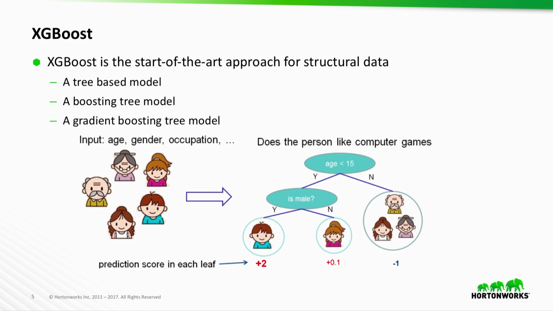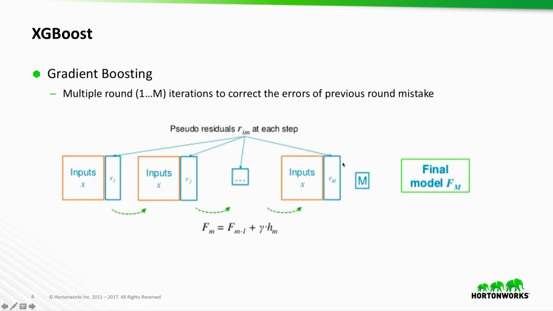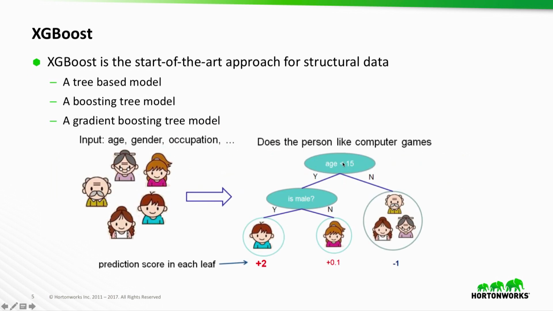For example, we have some users and some training data, and we want to predict whether people like computer games. You can go through the tree to make a prediction. For example, for a user like this old guy, we go through the tree asking at each question whether his age is smaller than 15, whether he is male. When you reach a leaf node, you get the score.